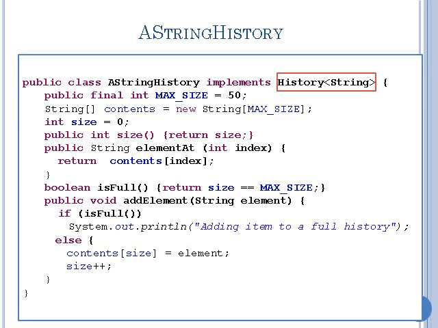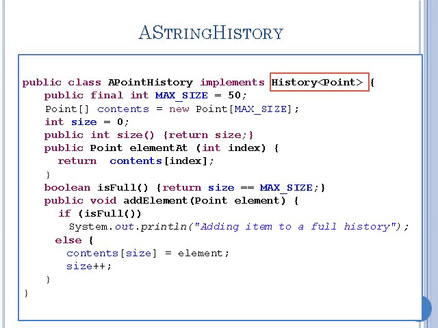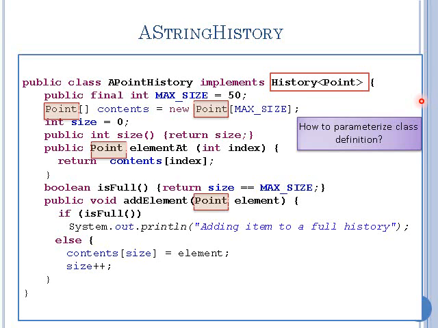I can similarly say a point history implements the same history generic with a different type parameter. And now I'm adding points here. So I'm reusing the code in interfaces. But what did I really do when I went from string history to a point history? I just changed all string occurrences in the class to point.